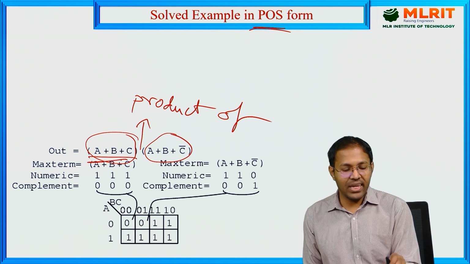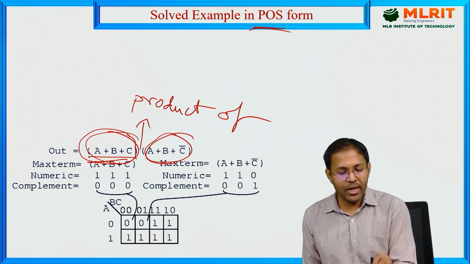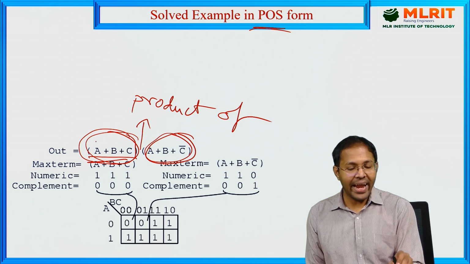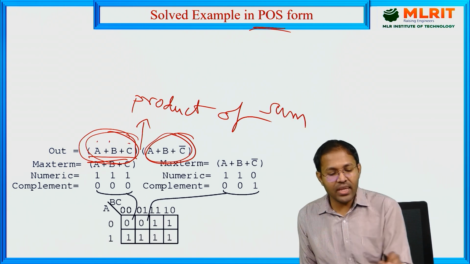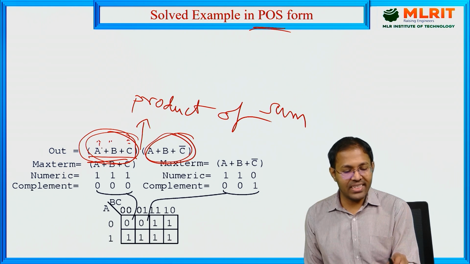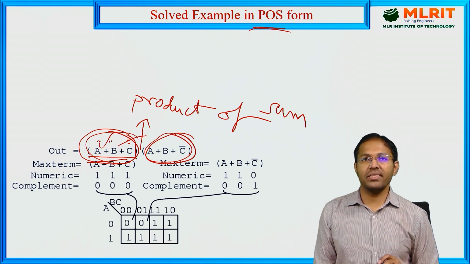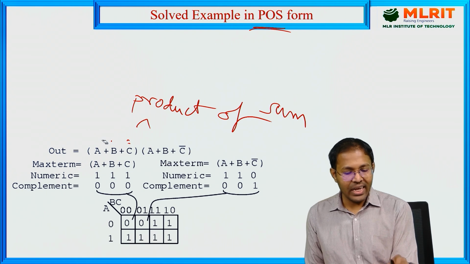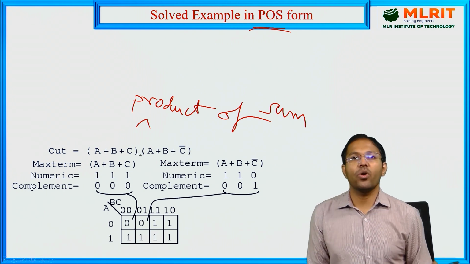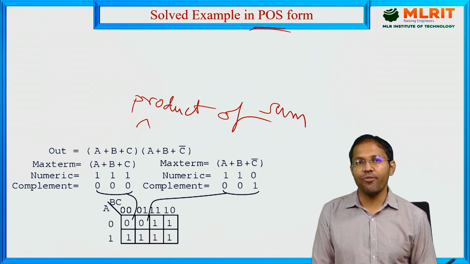Product is multiplication. This term is multiplied by this term. And what does the individual term consist of? It consists of some terms. If you see, there is addition, there is a plus symbol there. Hence, the given question is in POS form, product of sums.